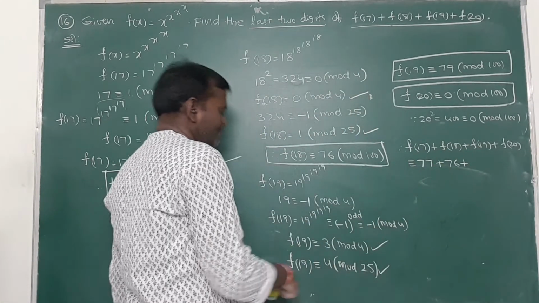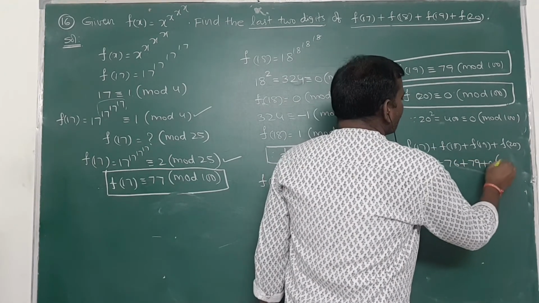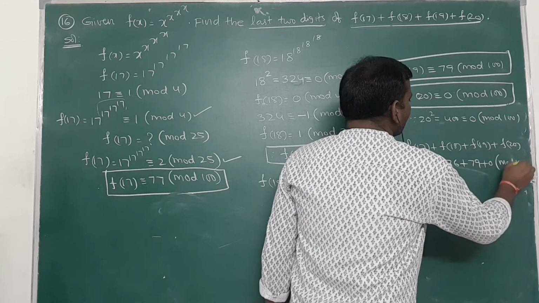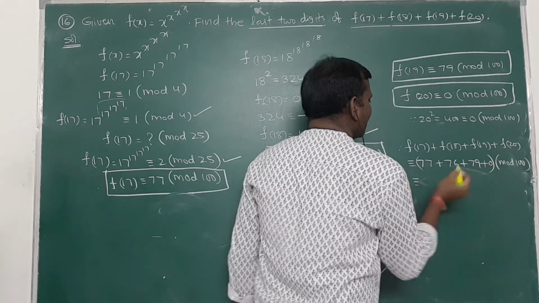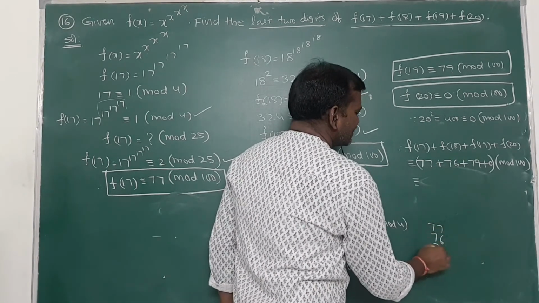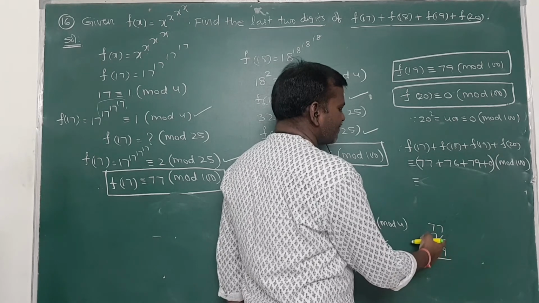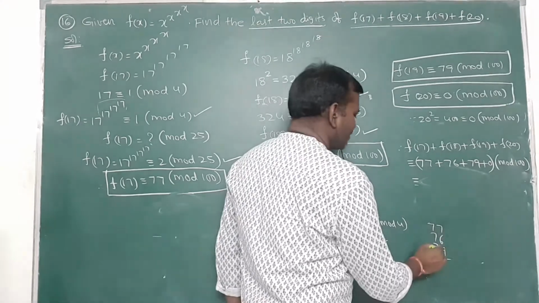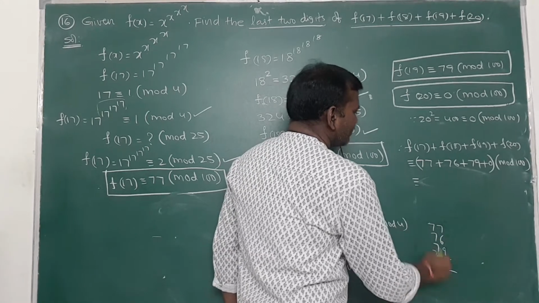F of 19, 79, plus 0, mod 100. Last two digits means the remainder when this part is divided by 100. The sum of 77, 76 and 79: 9 plus 6 is 15, 15 plus 7 is 22, and so 232 I am getting.